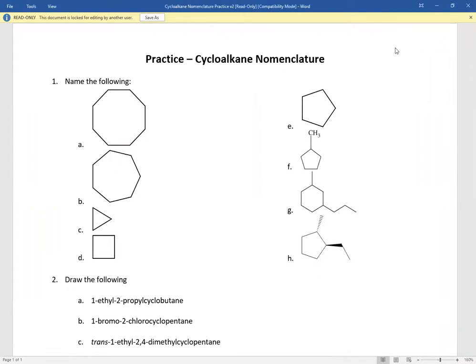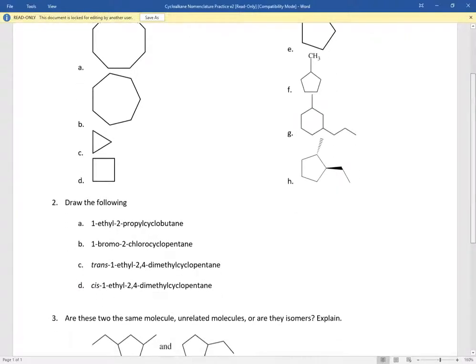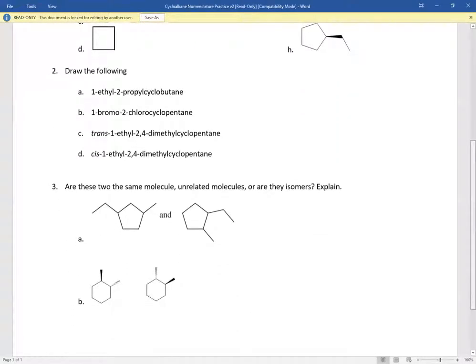Here are some problems that on-campus students are going to do, and I'm going to pause the recording and let everybody try. We're going to do these here in class. Name these molecules. There are problems for number 1, and then draw these. There are the problems for number 2. And for number 3, look at these two and decide: are they the same molecule, are they unrelated molecules, or are they isomers? And then explain.